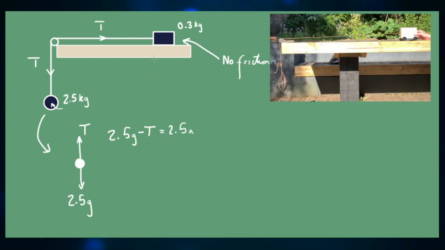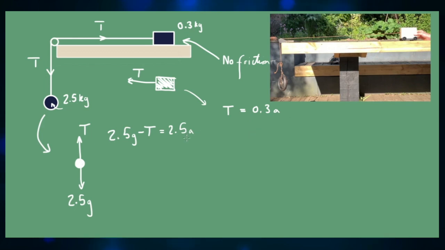So our second equation, if we look at this particle, I have my block here, and in this direction is T. We have no resistive force going this way. So for this one, we can draw an equation which is that T minus nothing equals 0.3 A. So T equals 0.3 A.